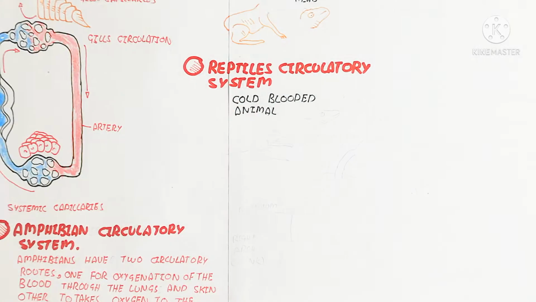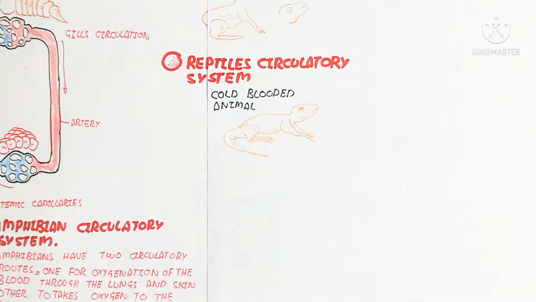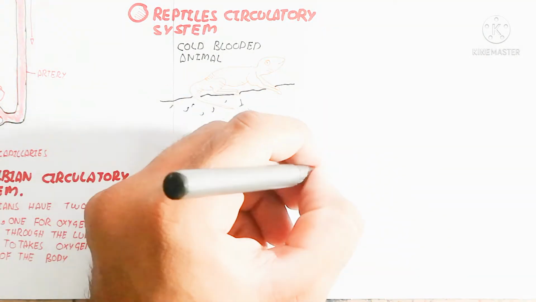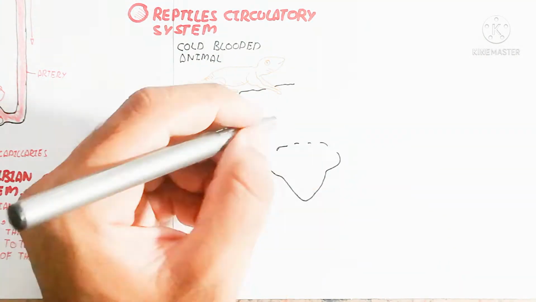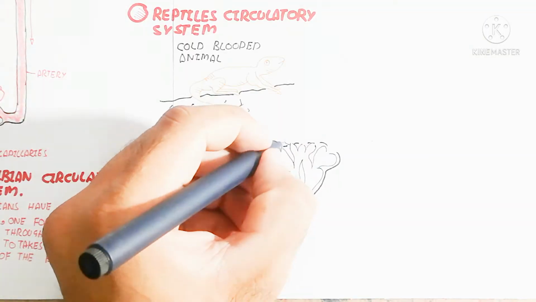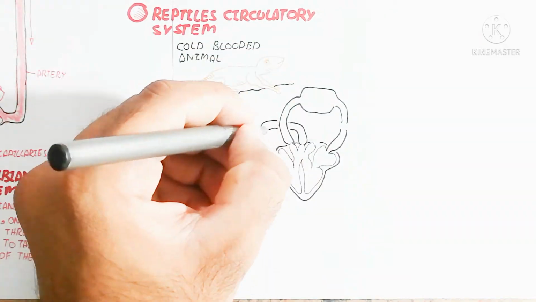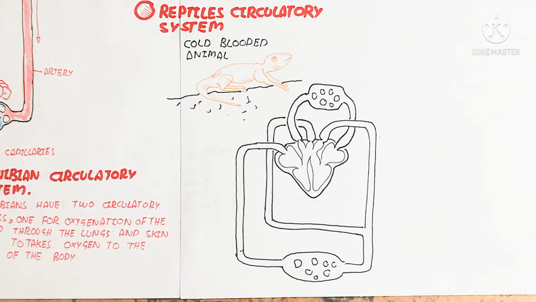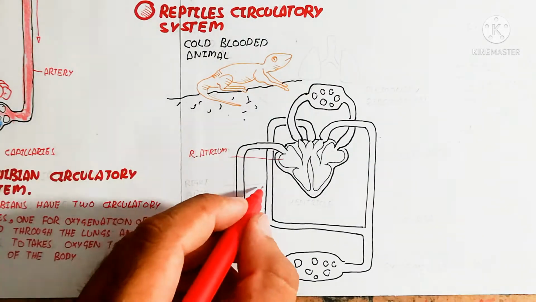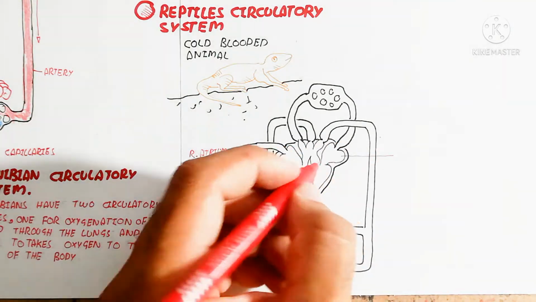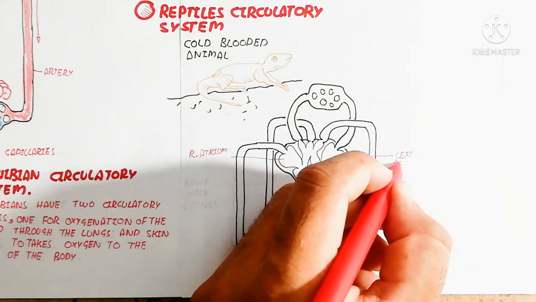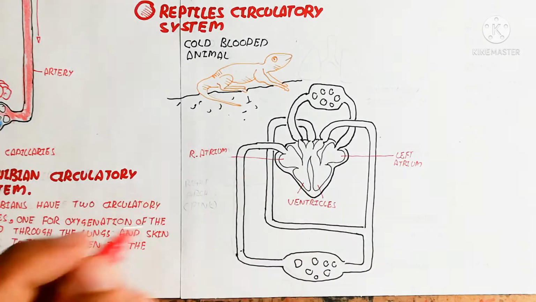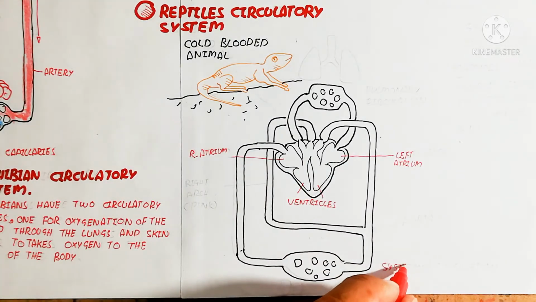Next we will discuss the reptile circulatory system. The reptile circulatory system is 4-chambered, but a hole is left behind. It means the reptile circulatory system contains 4 chambers, but the important thing is that the mixing of oxygenated and deoxygenated blood uses another pathway. We will discuss it with the circulatory system map to understand.